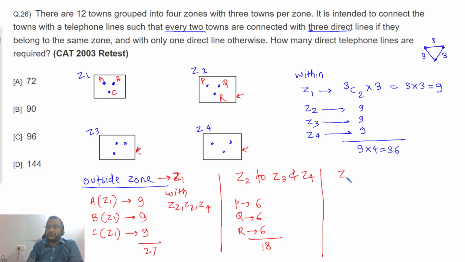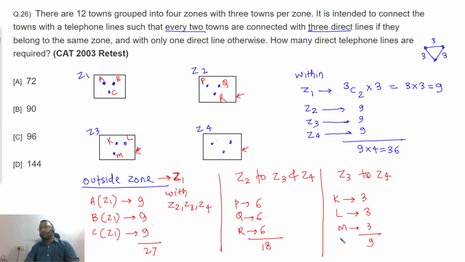Now the connection of zone 3 is already done with zone 1 and zone 2. Now for zone 3, the connection remaining is with zone 4. So let's say these are K, L, M. Town K of zone 3 will get connected with all 3 towns of zone 4, so 3 direct lines. Then town L of zone 3 will get connected with 3 towns of zone 4 using 3 other direct lines. Same for town M, 3 other direct lines.